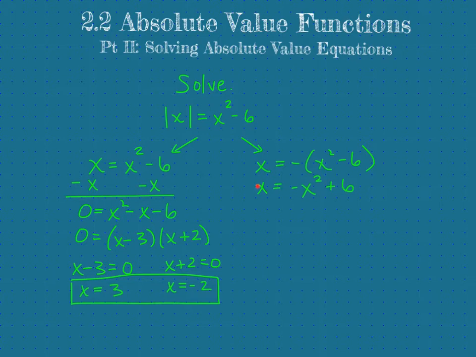On the right-hand side, we want to keep the squared term positive and get it to 0. So I'm going to add x squared and subtract 6. And we'll do that to both sides. So on this side, we'll have x squared plus x minus 6 equals 0. Again, it's a quadratic. We want to see if it's factorable.